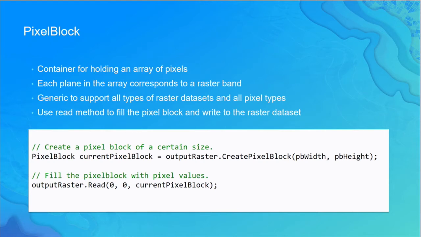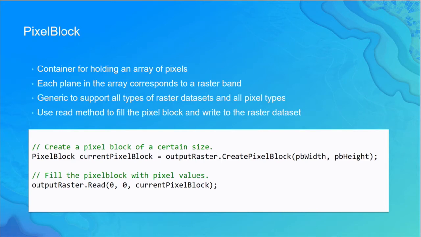You dip into it and reach out, and what's in there now is the material that you can actually work with. So for each of those planes in the array of pixels that we're getting out of our pixel block, that plane pretty much equates to the number of bands that are in our raster.